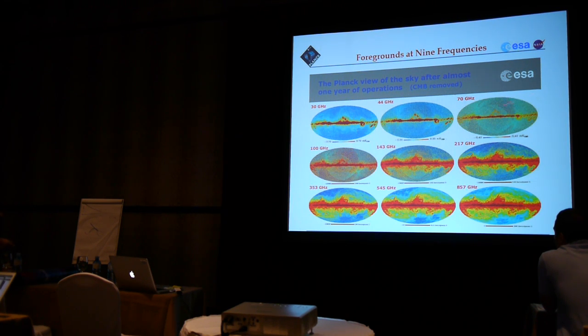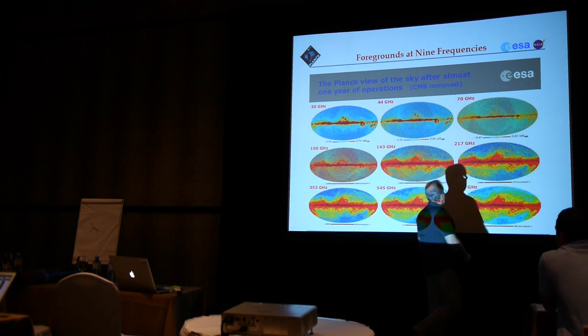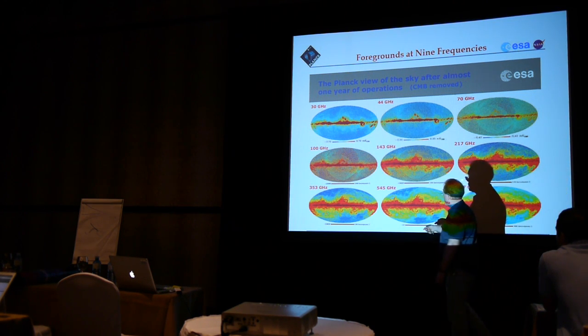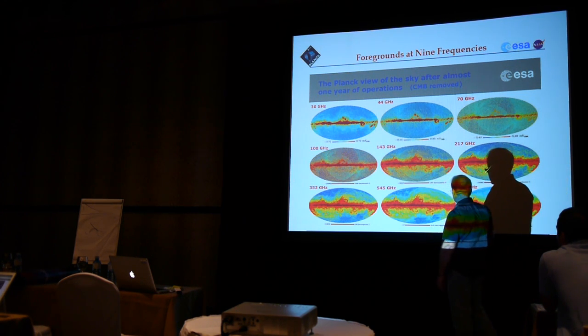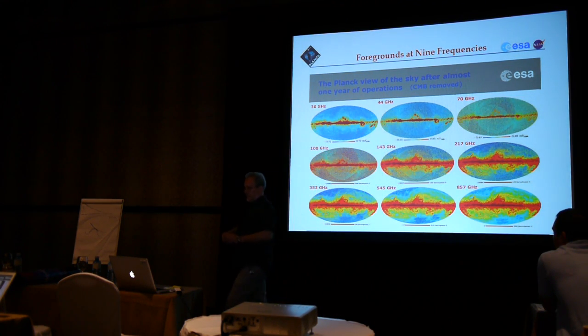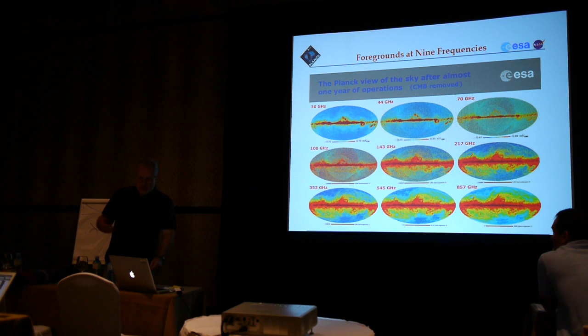So these wedges here is precisely what I was telling you, 10 months of observations, that the particular way of Planck scanning the sky makes this region observed twice and this once. That's why these wedges are visible there, and elsewhere not so well because foregrounds actually start dominating and get more significant in amplitude and noise on the maps. We have to beat the noise, we have to beat the foregrounds.